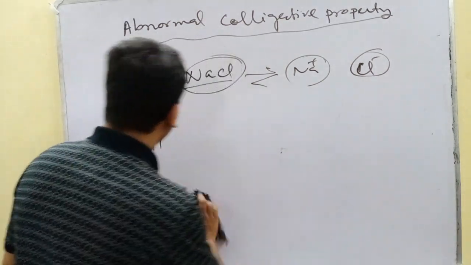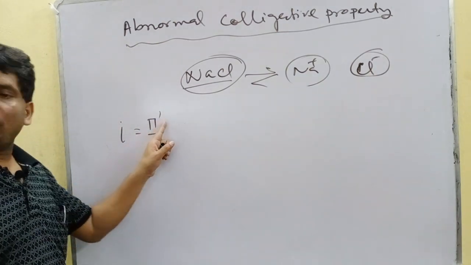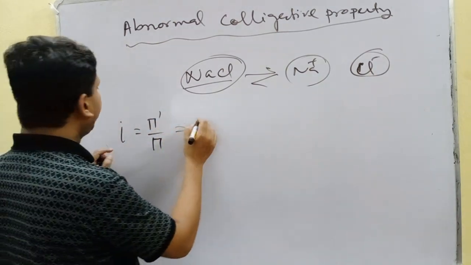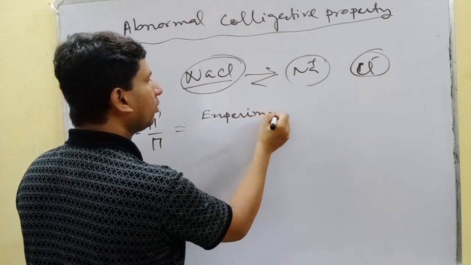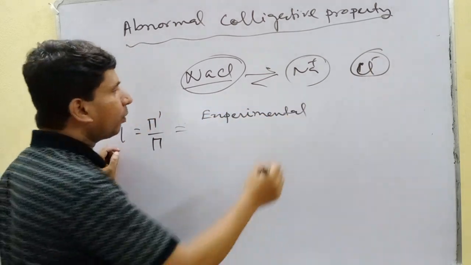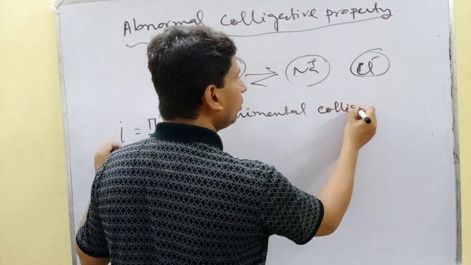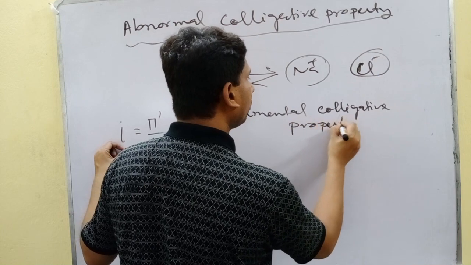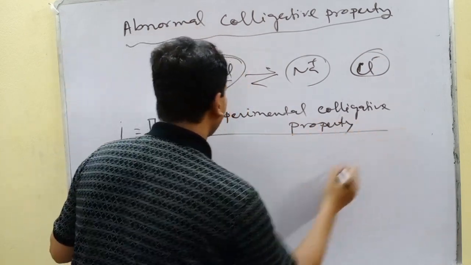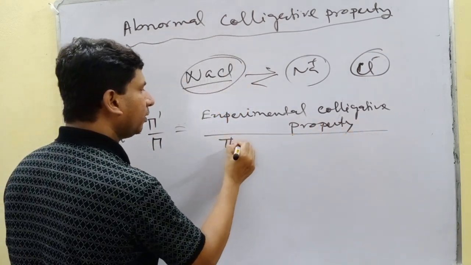That means this is the experimental colligative property divided by the theoretical colligative property.